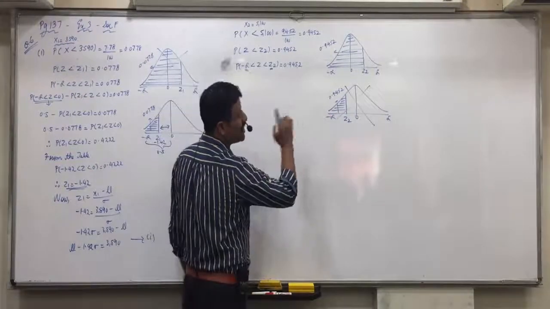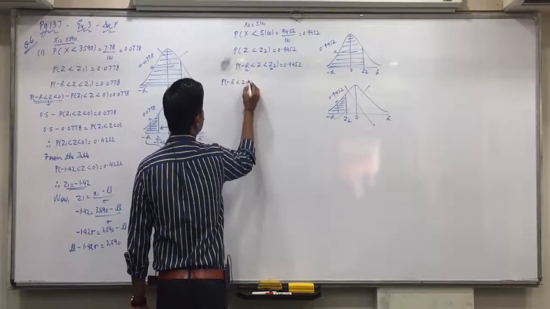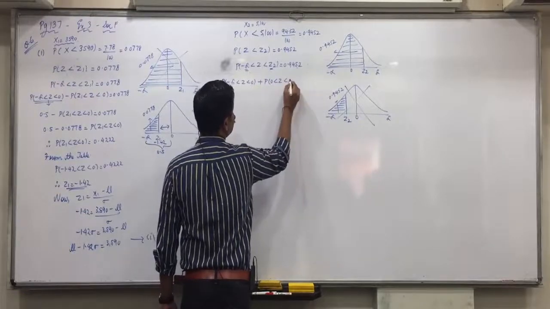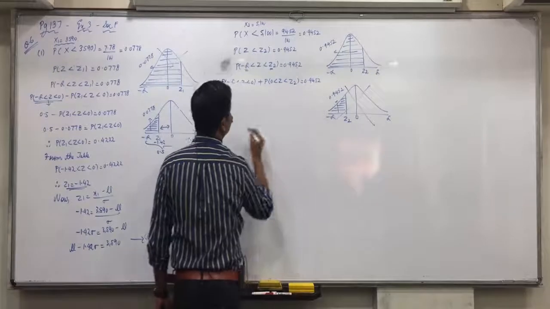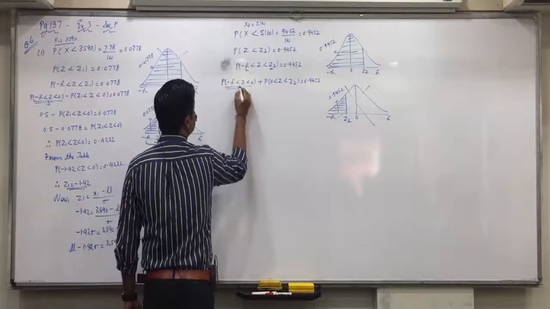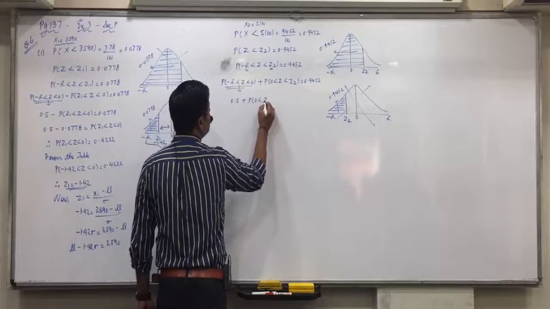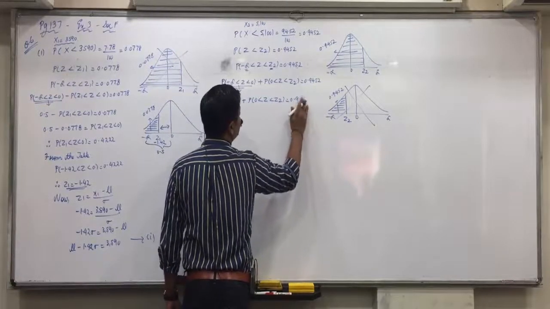In the first diagram, two sides shading means sum of two areas: minus infinity less than z less than 0 plus 0 less than z less than z2 is 0.9452. This we know is 0.5 plus P of 0 less than z less than z2 is 0.9452.